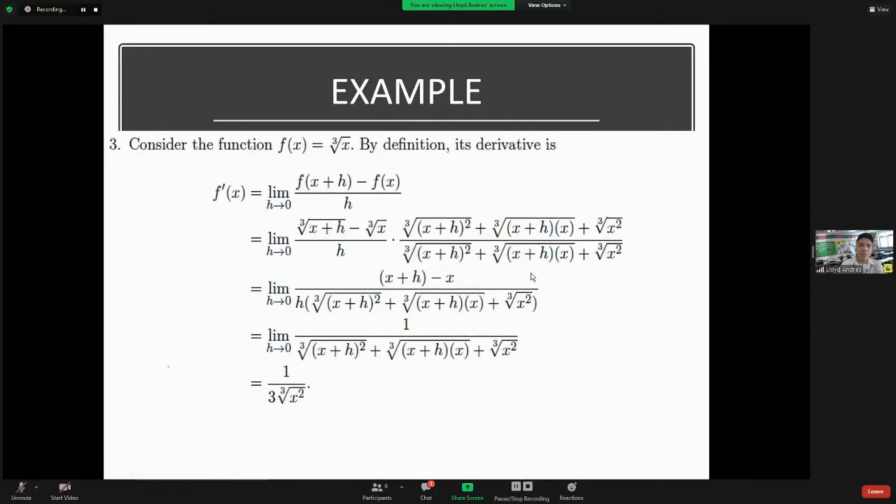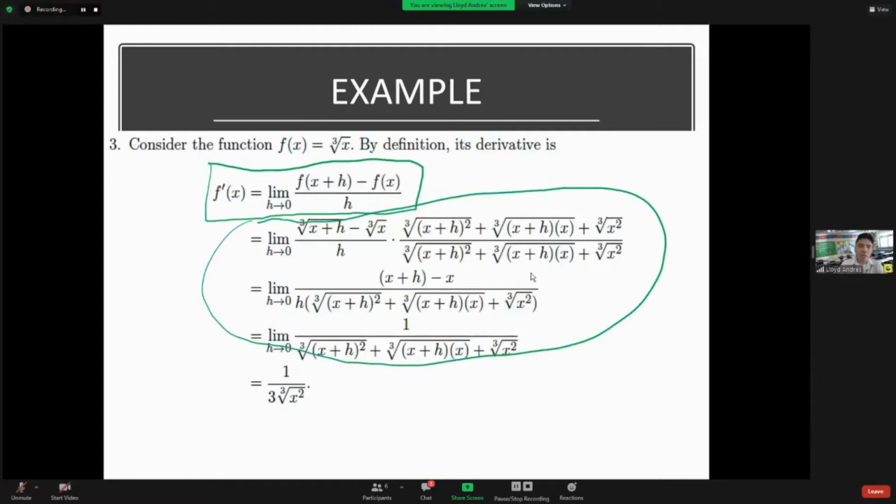But basically, our main point now is to show that it is differentiable. Using the definition of the derivative, we get f prime of x, the derivative of the cube root of x, which is equivalent to 1 over 3 times the cube root of x squared. So that is its derivative.